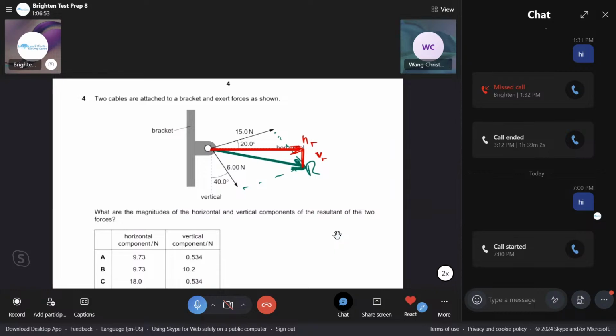Okay, so how do you go ahead now? I find the vertical first. So for the 15 one, I find 15 times sine 20. Okay. 5.13.